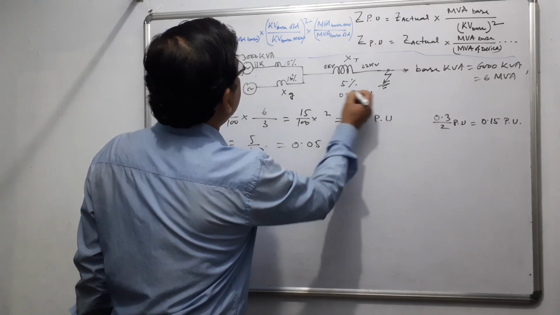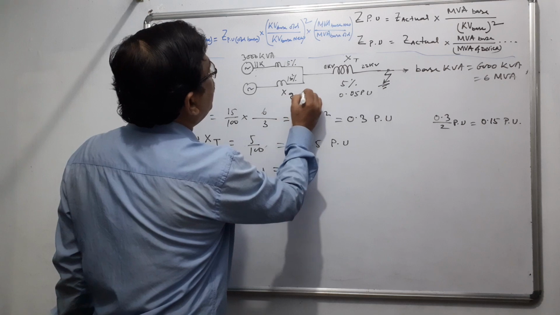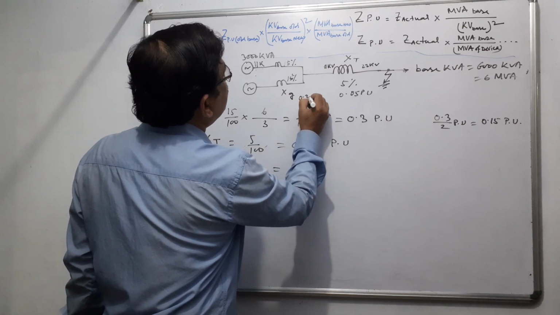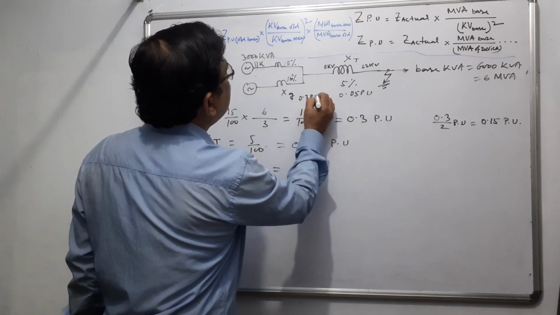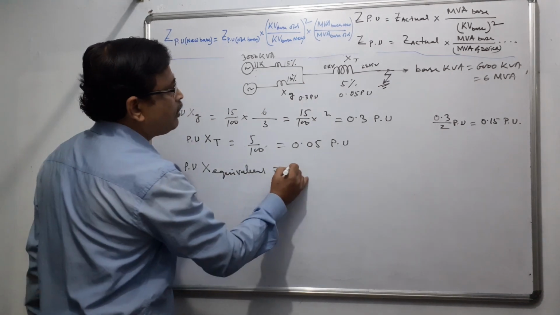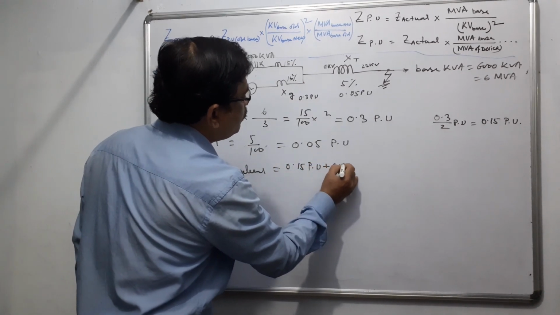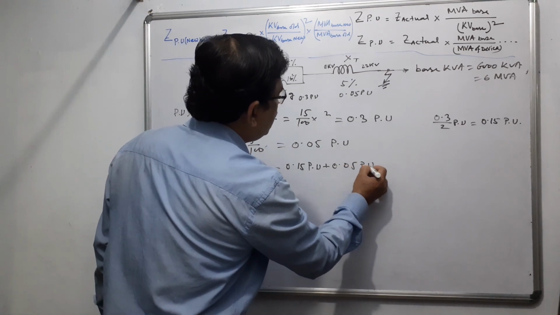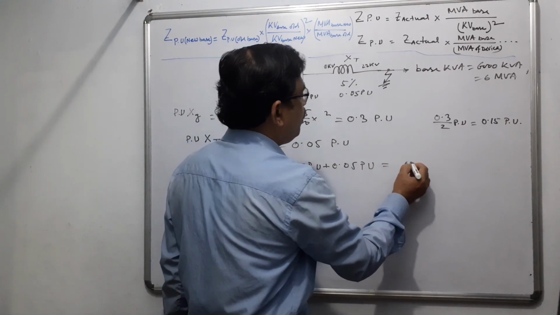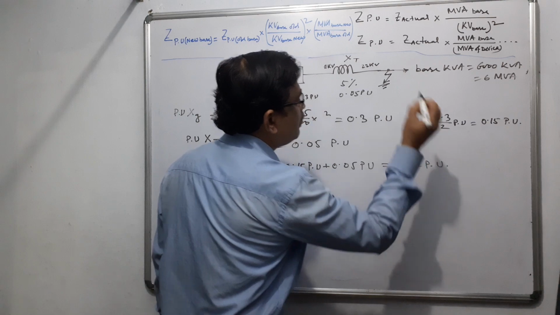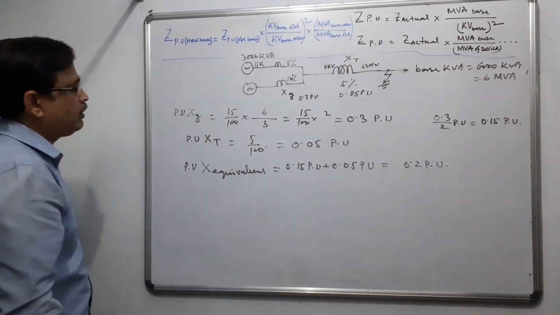It is 0.15 per unit for the two generators in parallel plus 0.05 per unit, which equals 0.2 per unit.